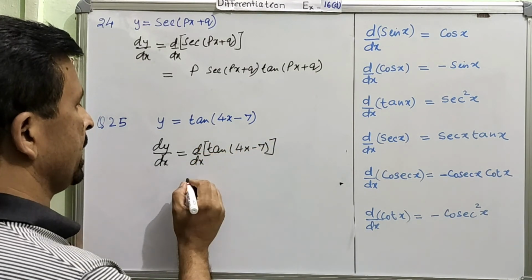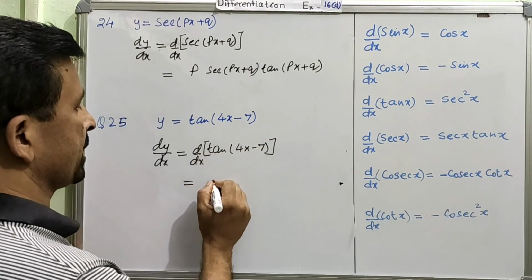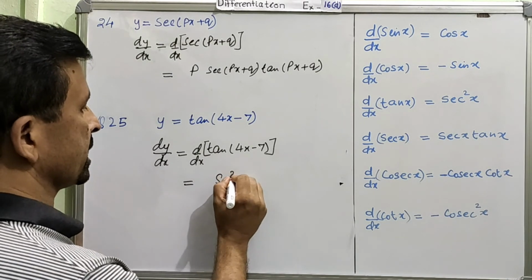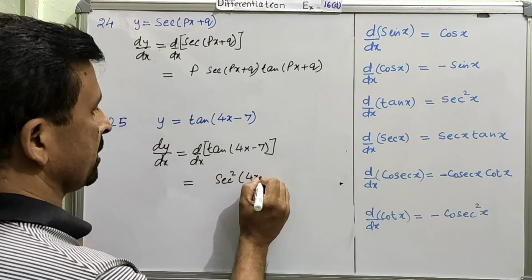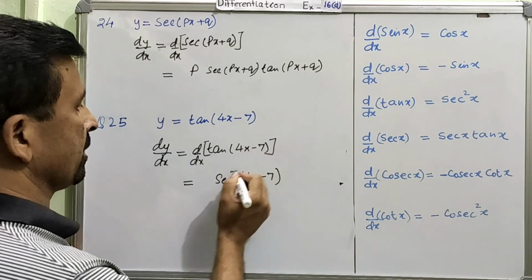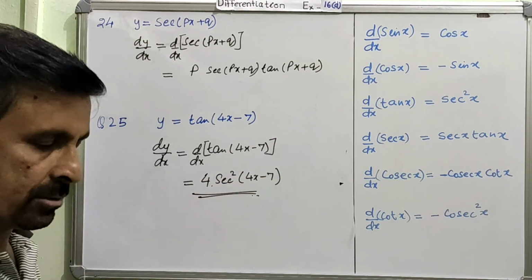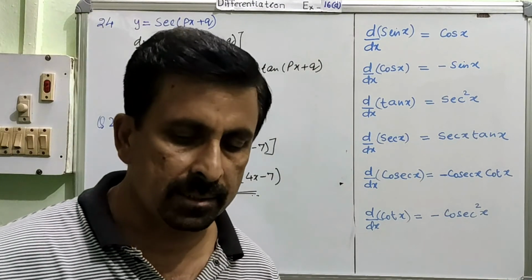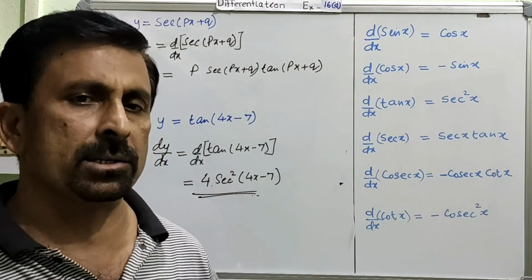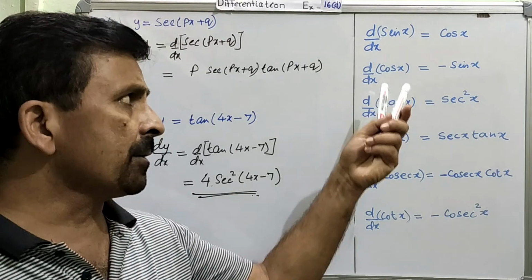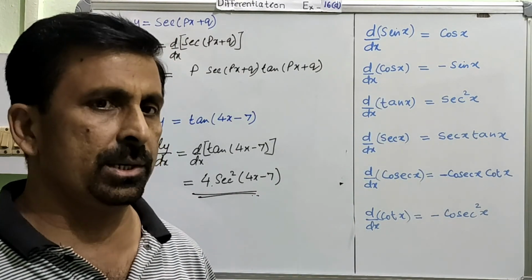Is it alright? And now we can find derivative of tan is sec square, and angle is 4x minus 7, and then the derivative of the angle, answer is 4. This is your answer. So this way you might have noticed that the derivative of the trigonometric function is very easy. There are few derivative rules that you need to remember.